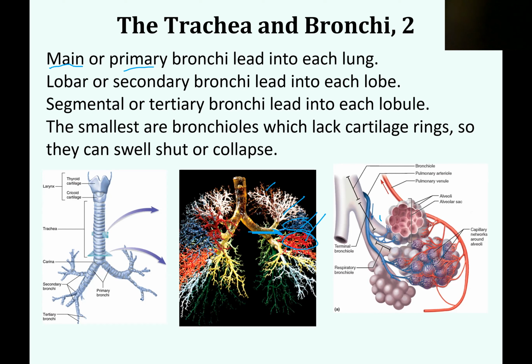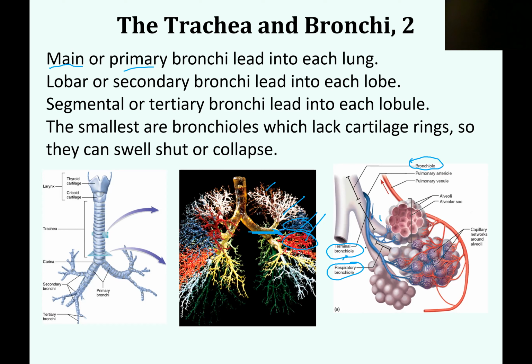You don't see them in this first picture, but you can see them in this microscopic picture. And yes, they come in different sizes. You have bronchiole, terminal bronchiole, respiratory bronchiole. As far as we're concerned, they're all just bronchioles.